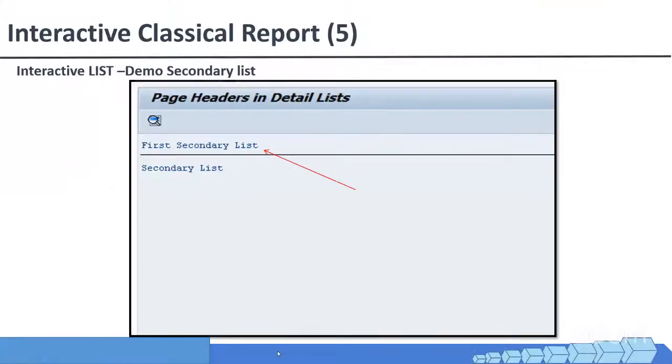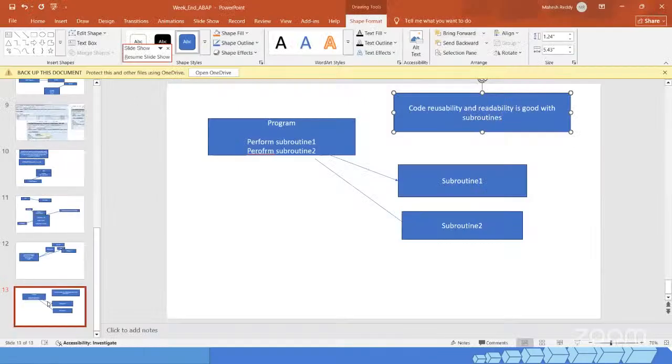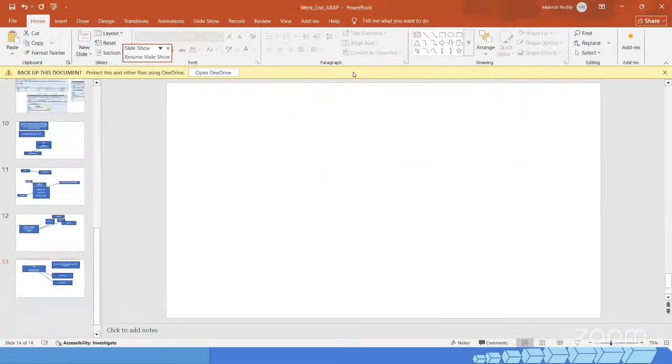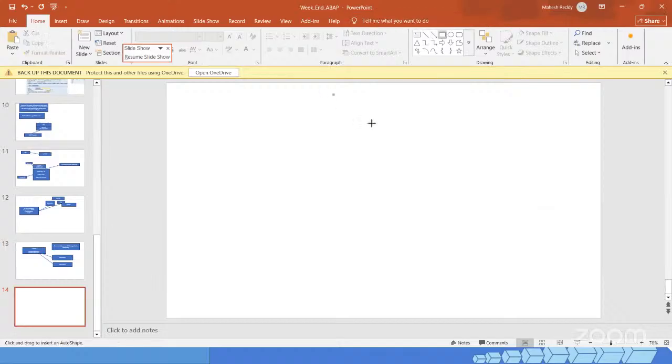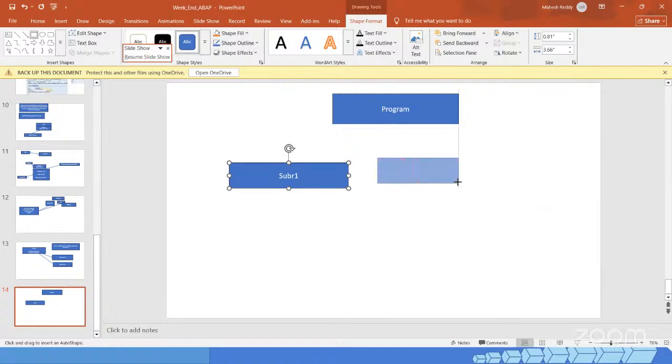The flow is like this. This is a program. This is the main program, subroutine 1, subroutine 2.